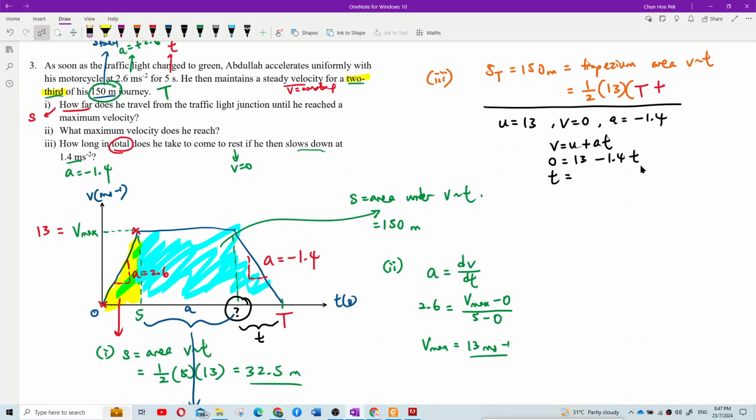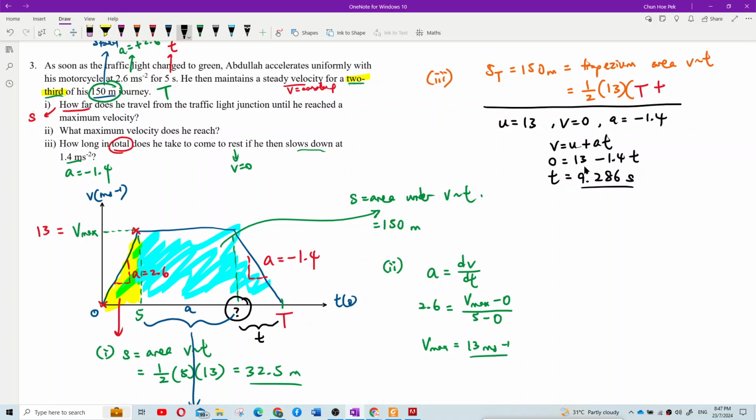You understand? So negative 13 divided by negative 1.4. So this is 9.286 second.